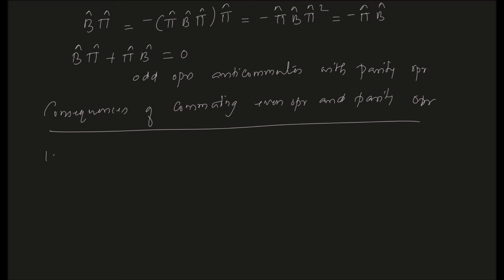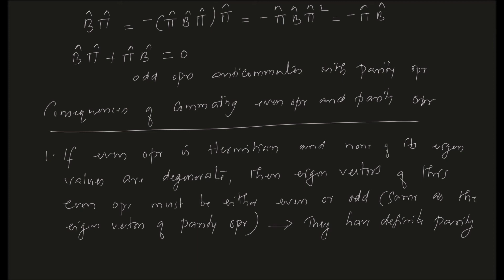So they have a definite parity. This is because we had seen in the previous semester that when two operators commute, they have a common set of eigenfunctions.